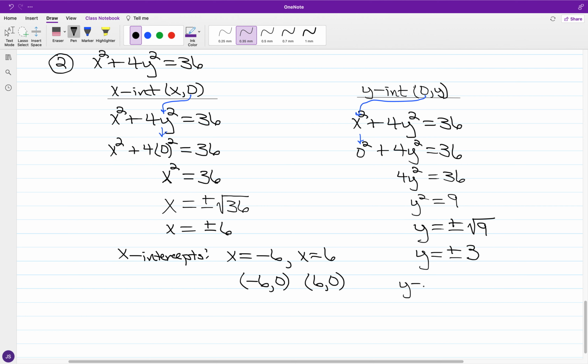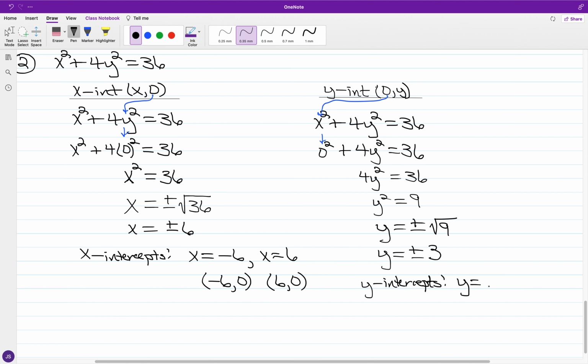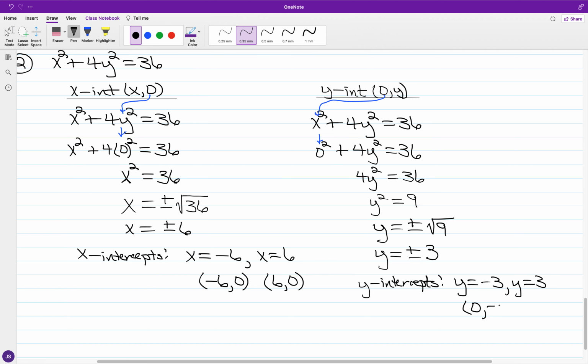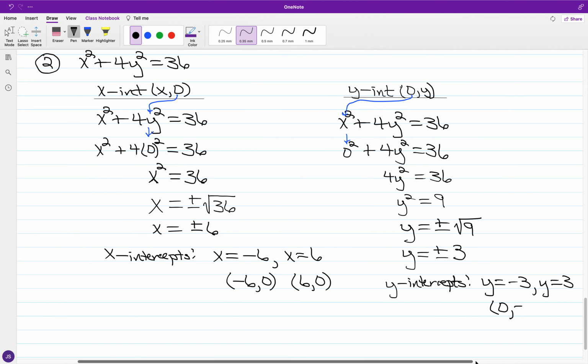And so with the y-intercepts, y is equal to negative 3 as well as 3. And again, as points, we have 0, negative 3, as well as 0, positive 3.